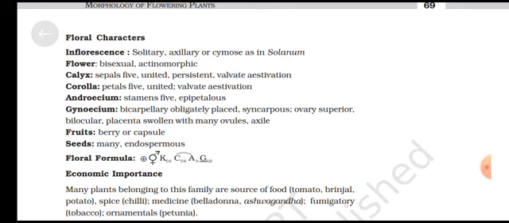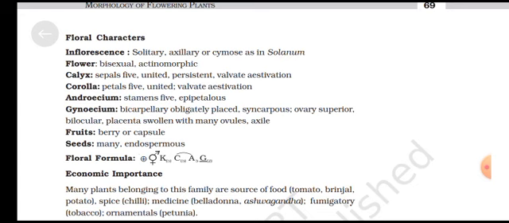Calyx sepals 5, united, persistent, valvate aestivation. Corolla petals 5, united, valvate aestivation. Androecium stamens 5, epipetalous. Gynoecium bicarpellary, obliquely placed, syncarpous, ovary superior, bilocular, placenta swollen with many ovules, axile. Fruits berry or capsule. Seeds many, endospermous.